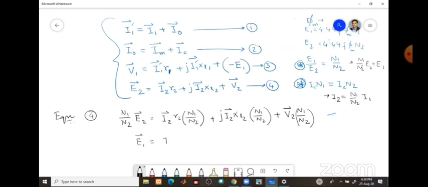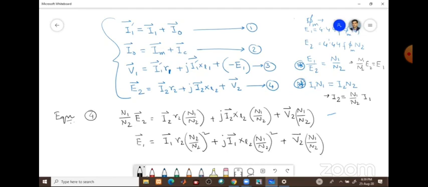So then I will get I1 R2, n1 by n2 will again come, so there will be n1 by n2 in multiplication, so it will be n1 by n2 whole square, plus j, again this I1 will come, this element will remain same, and again one more n1 by n2 will come in multiplication. So I will have n1 by n2 whole square, and this V2 into n1 by n2.